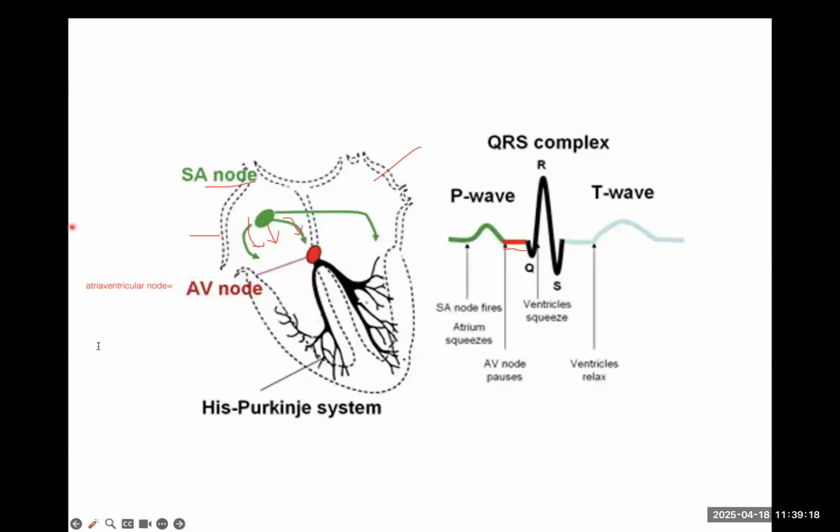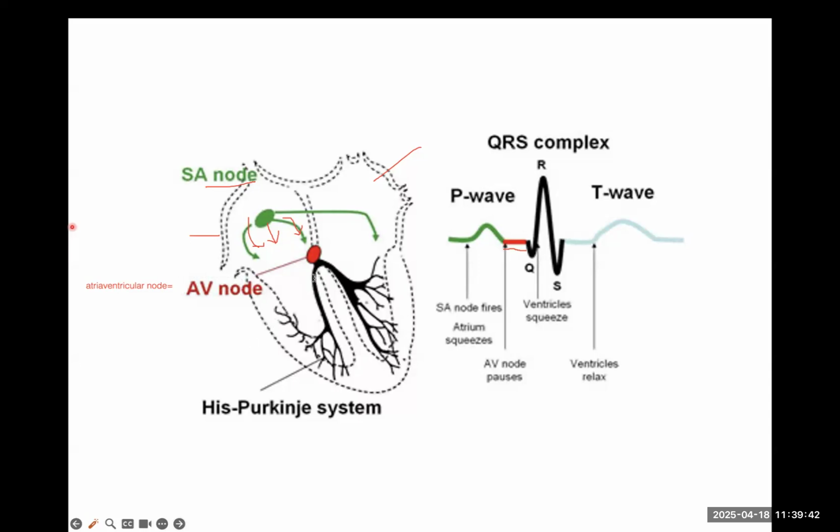It's called that because it's between the atrium and the ventricle. And the sinoatrial node sends the signal that reaches the AV node. And after that pause, it's going to send the signal down.